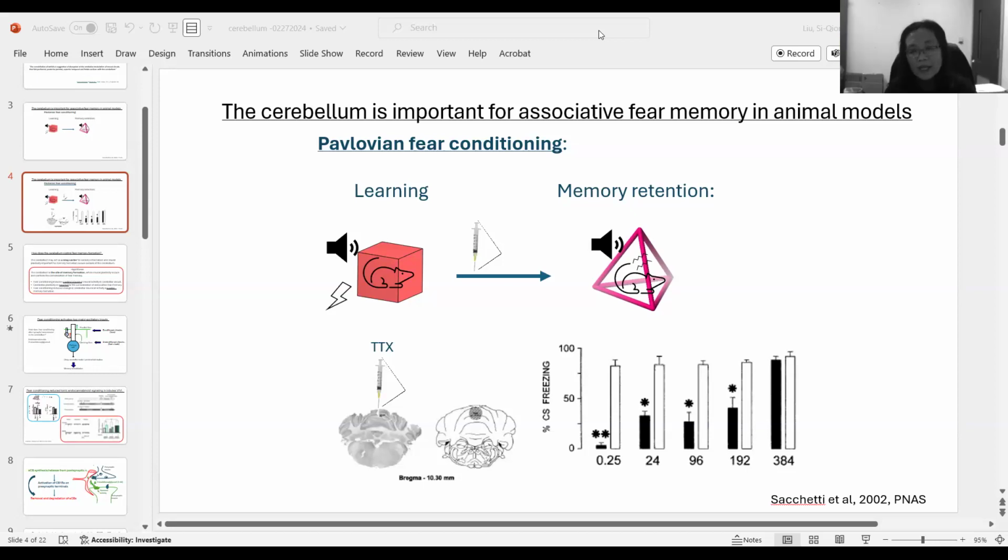Well, we didn't really test other behaviors. I don't think we can really state it. We did test some, like open field, and we didn't see any change. But yes, we haven't really tested other motor function other than open field in our study. So it's possible there are other changes that we just haven't tested.